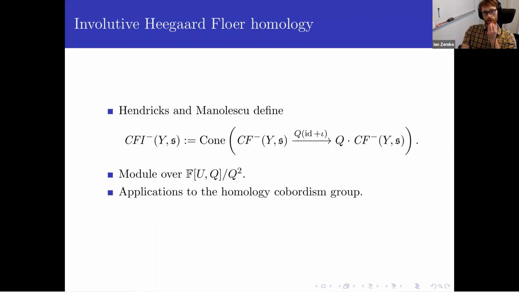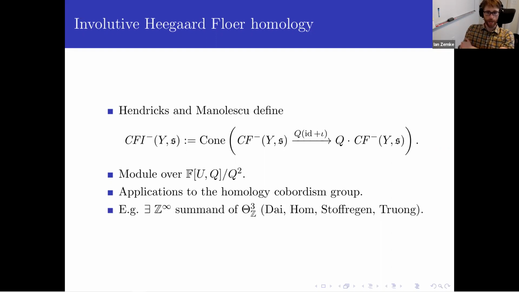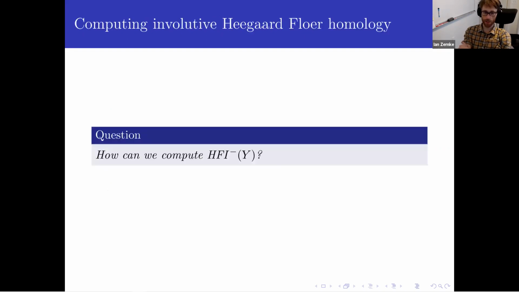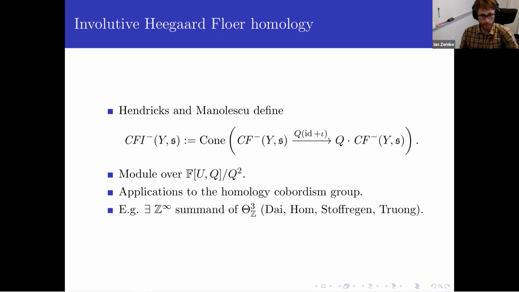And so it's had some nice applications to the homology cobordism group. Prior to this work, Dai, Hom, Stoffregen and Truong, amongst other things, showed that there's a Z infinity summand of the homology cobordism group. Previously, it was known that there was a Z infinity subgroup.